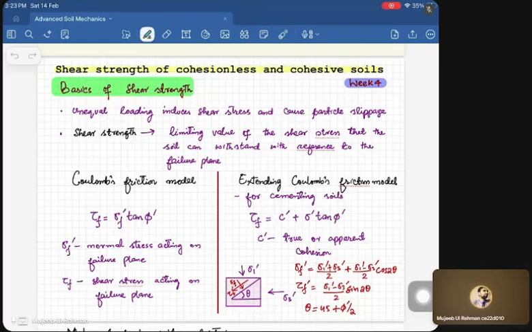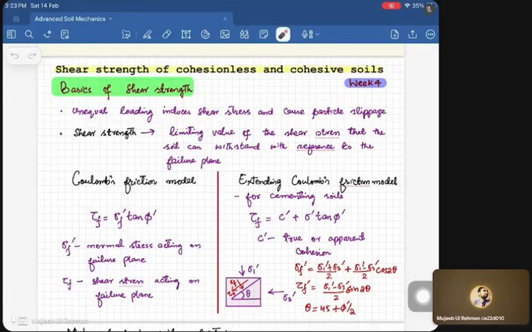As you can recollect from the previous lectures, there are two things: the volume change behavior and the shear strength, which we are decoupling. The all-round equal stress brings the volume change in the sample, and unequal loading induces shear stresses and causes particle slippage, and this particle slippage will cause the soil to fail.